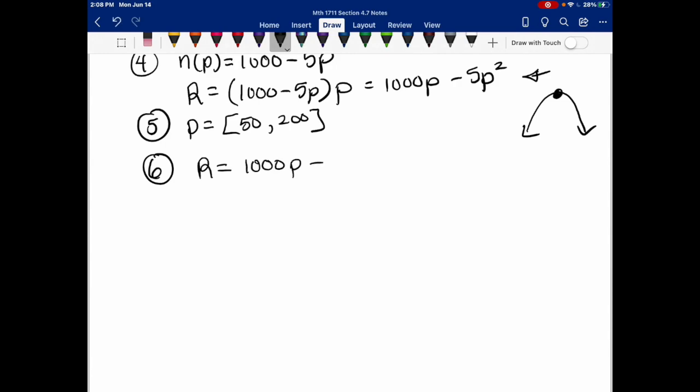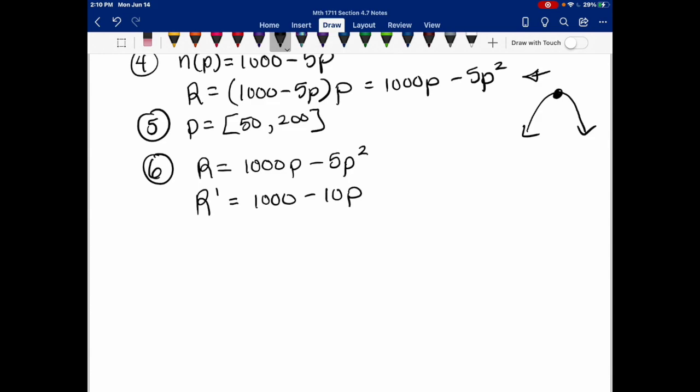So the revenue we said was 1,000P minus 5P squared once we multiplied through. And so when I take the derivative of that, I'm going to get 1,000 minus 10P. So to find critical values, we're going to find the values that make this derivative 0 or undefined.